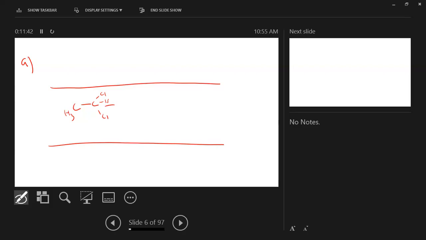This proton right here is going to be way downfield, around 6 to 5. And then we're going to see these ones right here as a doublet. And we're going to see this closer to 2. That's question 9.